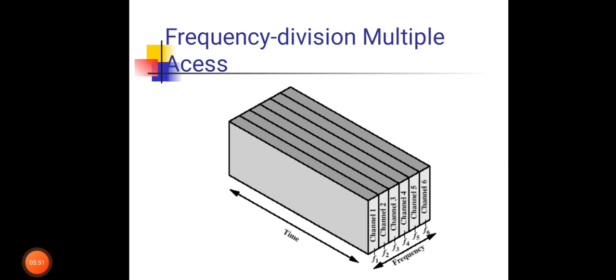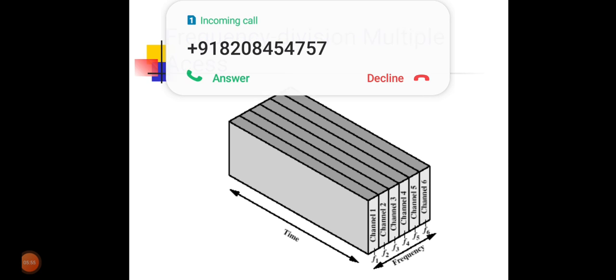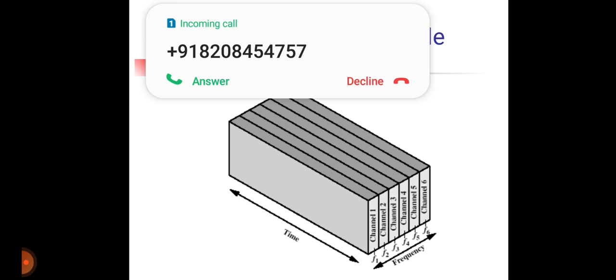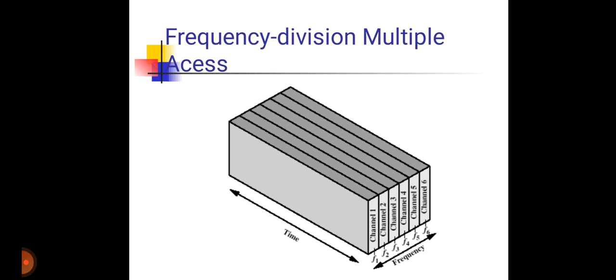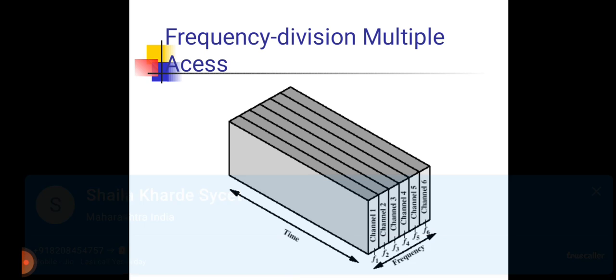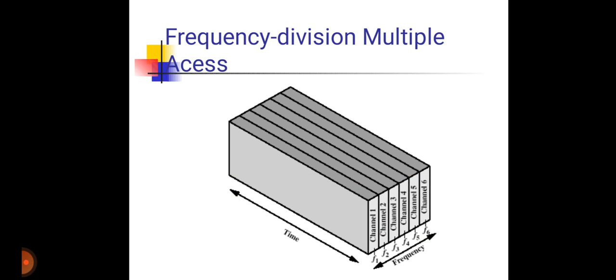In this figure, we show that there are a number of channels per time slot. FDMA can be used with both analog and digital signals. FDMA is not vulnerable to the timing problems that TDMA has, due to the frequency filtering.